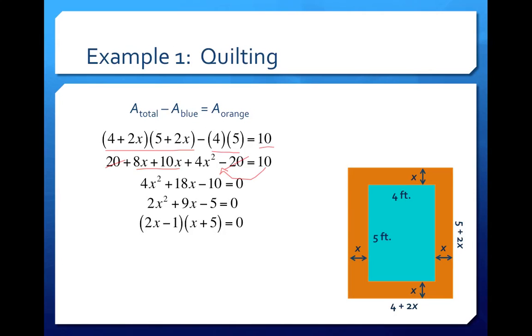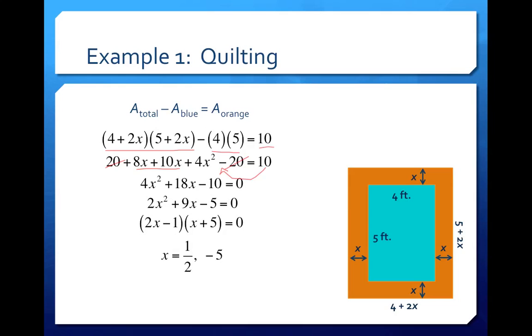So I chose to factor. You may choose a different method, and that's fine. It should not affect your answer. But I realized that 2x squared plus 9x minus 5 can be factored into 2x minus 1 times x plus 5. Which means when I go to solve this, I get x values of 1/2 and -5.